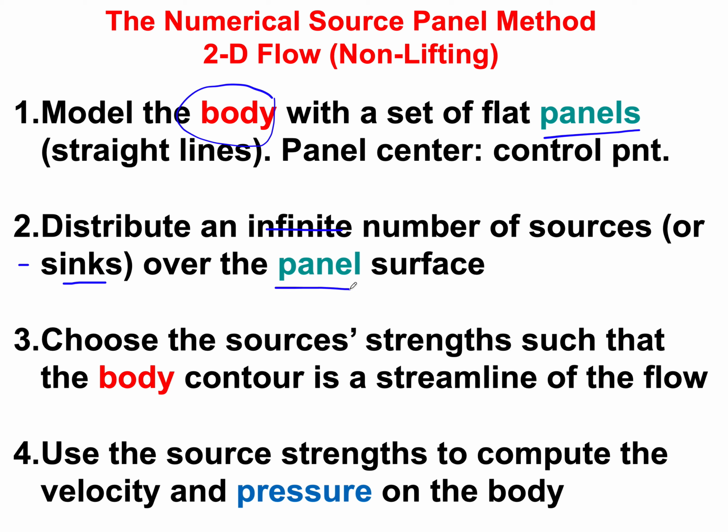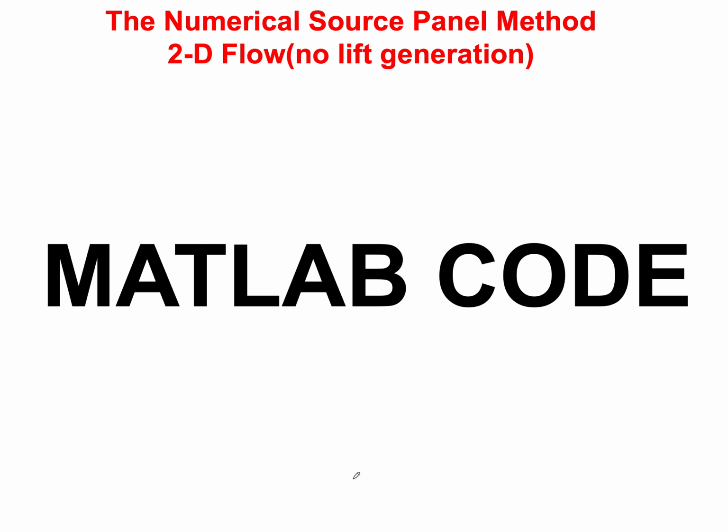So you put a distributed system of sources and sinks over all these panels that you have here, and then you solve for the lambdas. Each source will have a strength lambda. You solve for this lambda, the strength, and once you found the strength, you compute the velocity, and from the velocity you get the pressure coefficient, and then you can use it to get the aerodynamic loading on the object.